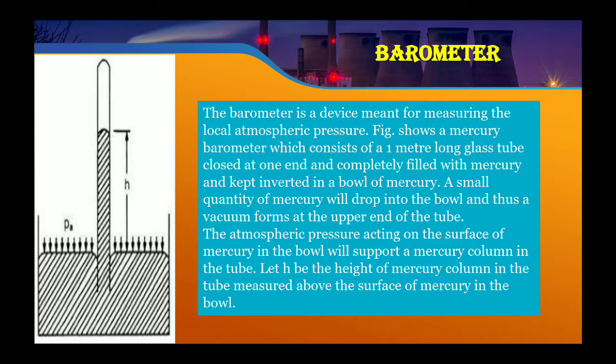Here it consists of a 1 meter long glass tube closed at one end and completely filled with mercury. That is, the glass tube is closed at one end, completely filled with the mercury, and kept inverted in a bowl of mercury.